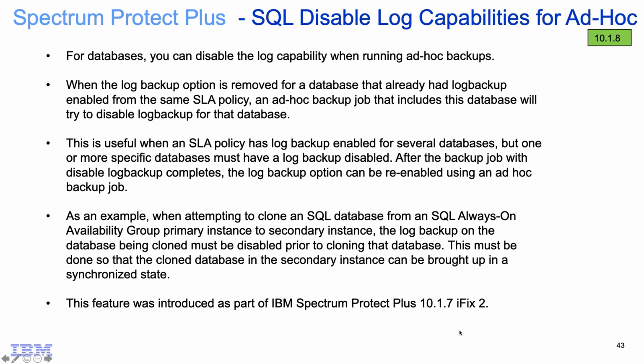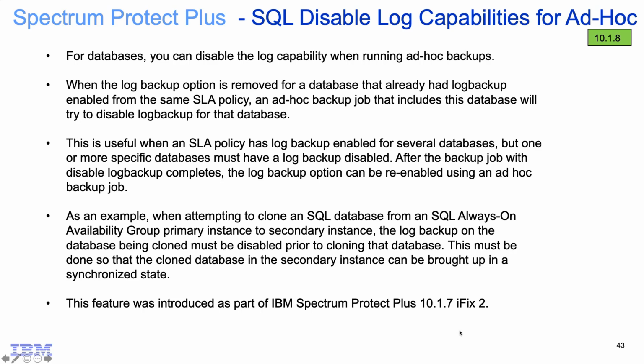The ability also has been introduced to disable the log capability when running ad hoc backups. And basically, when the log backup option is removed from a database that already had log backup enabled from the same SLA policy, an ad hoc backup job that includes this database will try to disable log backup for that database.